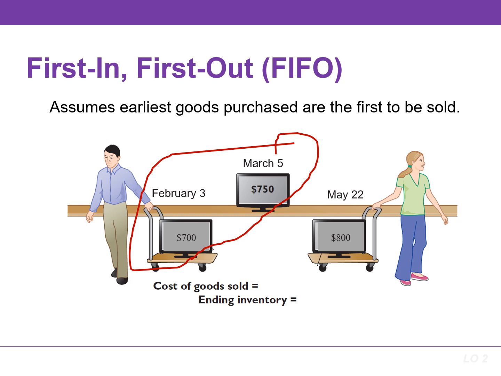So FIFO assumes the first ones in are the first units out or sold. So these costs are assigned to the cost of goods sold in the amount of $1,450. The most recent purchase on May 22nd of $800 is assigned to ending inventory.